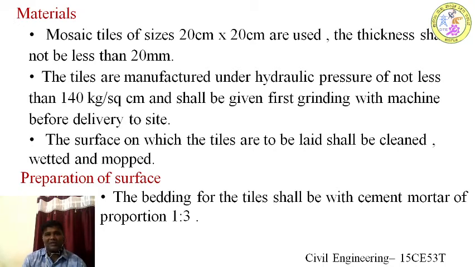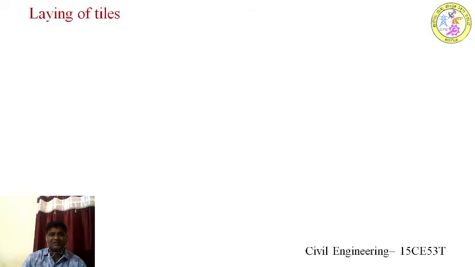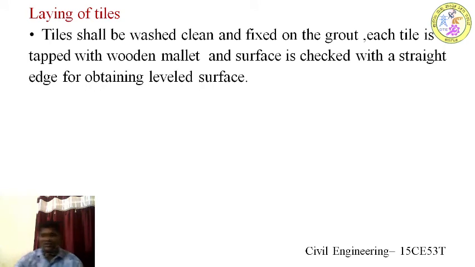First I fix the levels where the water has to drain and where I have to provide the slope, and then I lay the bedding for the tiles. Usually around 20 to 30 mm bedding will be done for laying this type of tile. After laying, cement slurry will be poured, and each tile will be fixed on this mortar bedding.